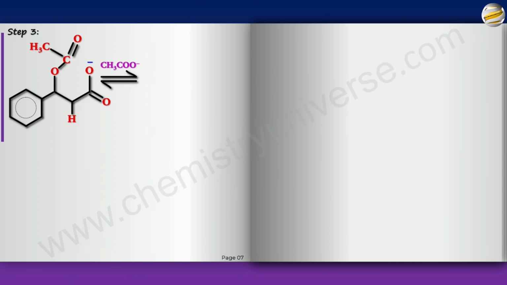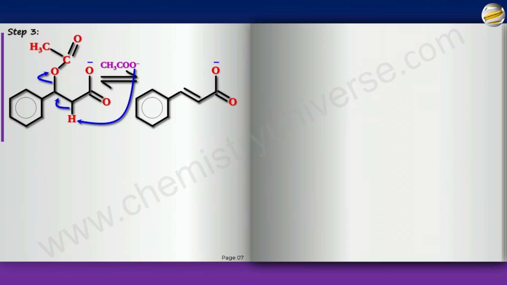Again, in the presence of acetate ion, we'll take the H and you'll get this. And you'll directly get alpha beta unsaturated carboxylate ion along with the emission of acetic acid. And this with acetic acid, which will give the proton, will give you cinnamic acid.